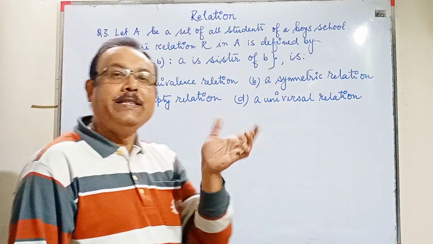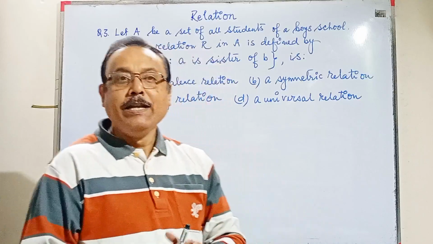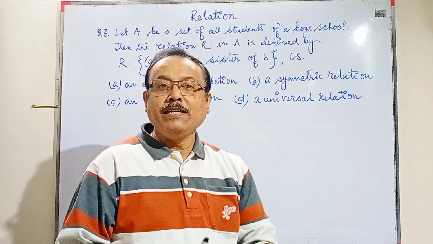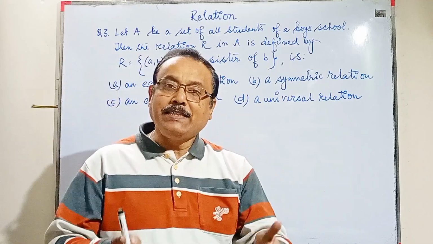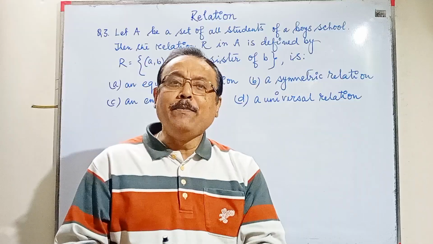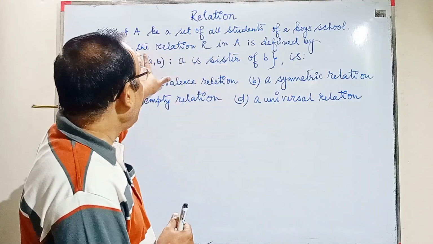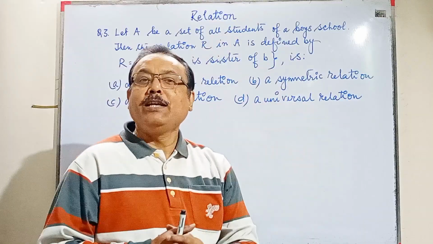An empty relation contains no elements. No ordered pair will be there. Nothing will satisfy R. What is a universal relation? A universal relation is one where R contains all the elements of A cross A. That means whatever ordered pairs are there in A cross A, all of them will satisfy the universal relation.